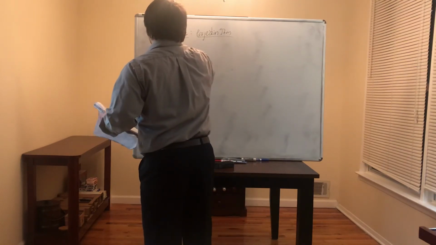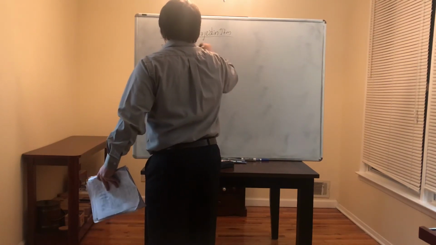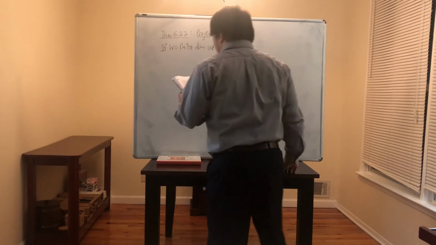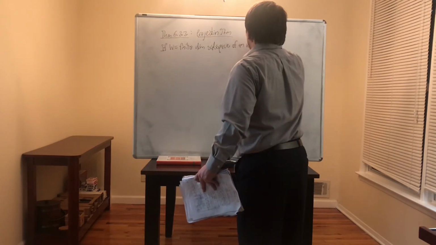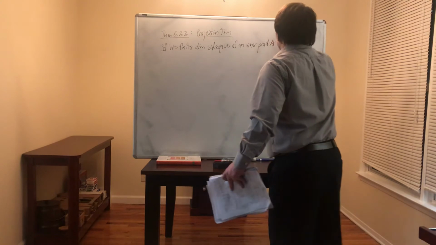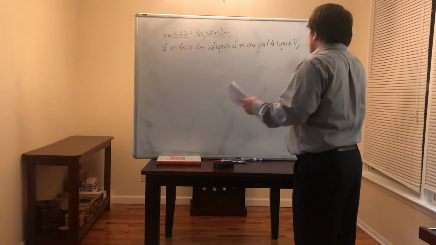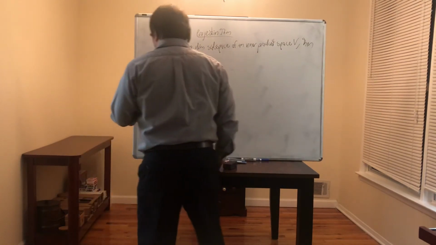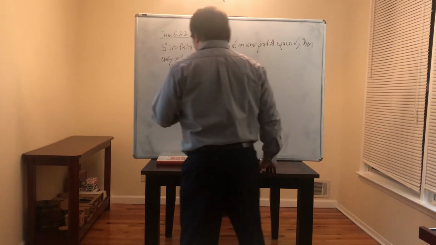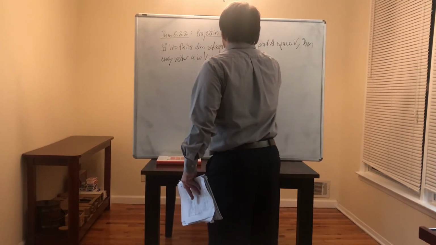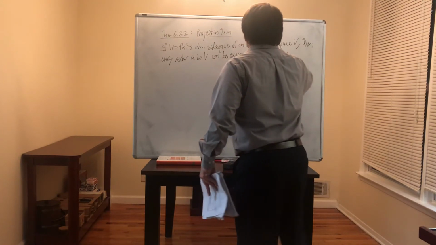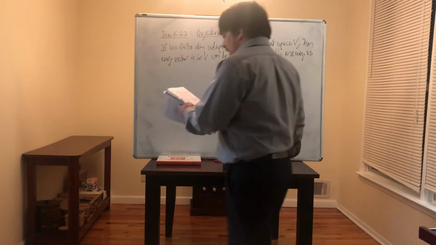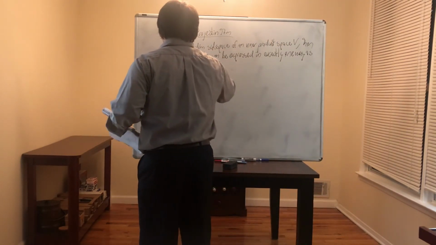And so if W is a finite dimensional subspace of an inner product space capital V, then every vector little u in capital V can be expressed in exactly one way as u equals W1 plus W2.